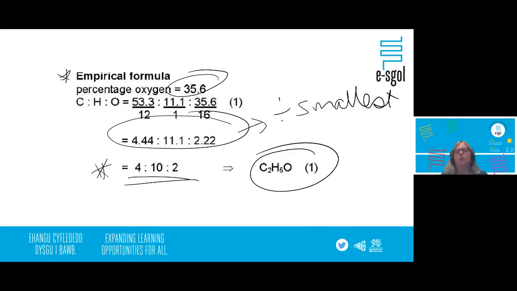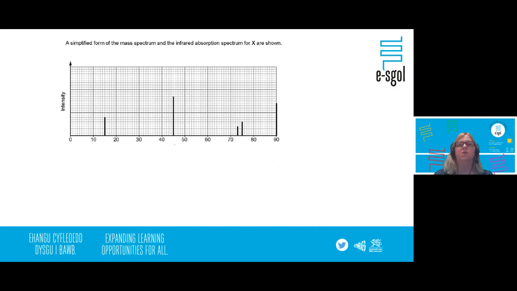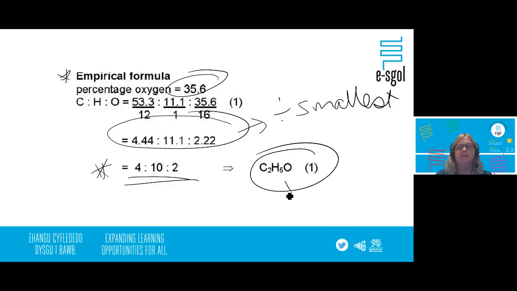So, lowest ratio, as I said. I would focus on the fact that you've got certain peaks. So that is 90, that tells you it's the molecular ion. If I go back to the empirical, that has a mass of 45. 2 carbons, 5 hydrogens, and an oxygen has a mass of 45.